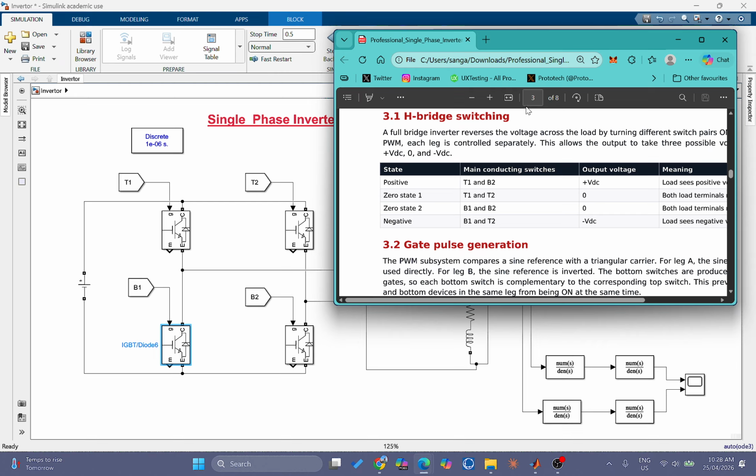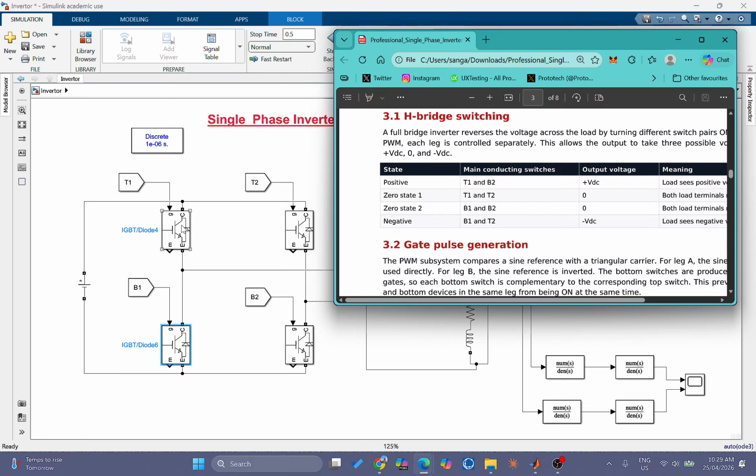And in a unipolar PWM, each leg is controlled separately. So this allows the output to take three different voltage levels: positive, zero, and negative voltage. That means at the output we can see positive voltage, zero, and negative voltage, making a sine wave.